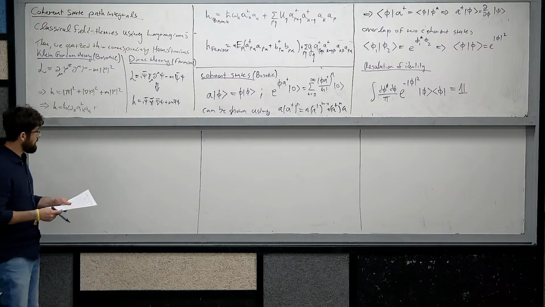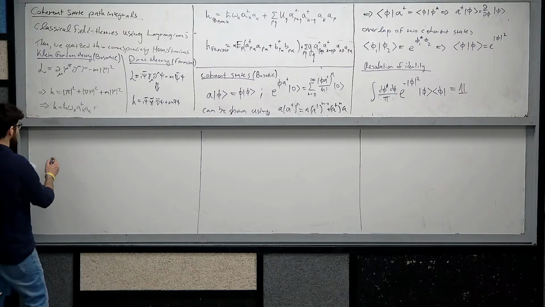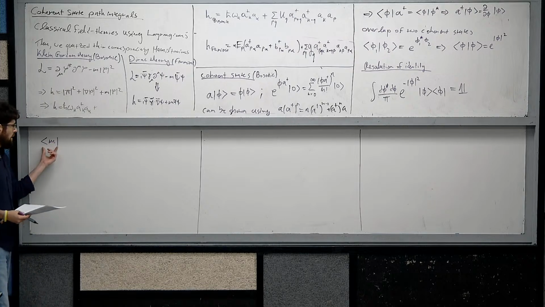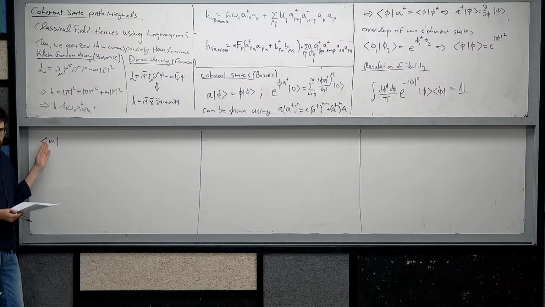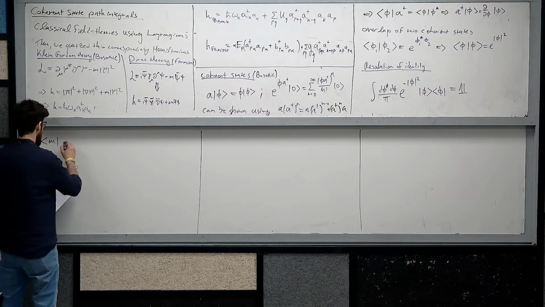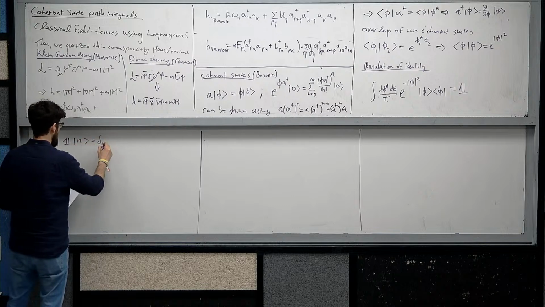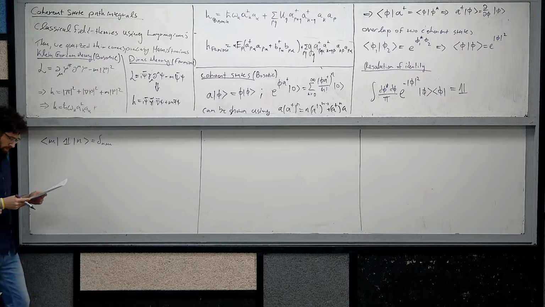So if you want to prove this, you can span the entire Hilbert space using these different excitation number states, and you want to show that this is delta n m.